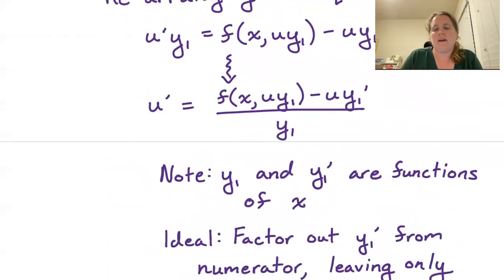We had f of x comma u times y1. That is now our q of u times y1 prime. And then we'll subtract off u times y1 prime and divide by y1.